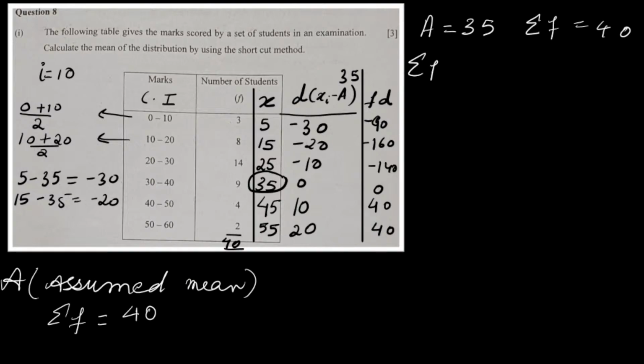Now sigma fd, the total of the product of frequency and deviation. So let's add. Minus minus we can add all. So minus 90, minus 160. These all will get added, as minus minus is plus, but the answer will be negative.